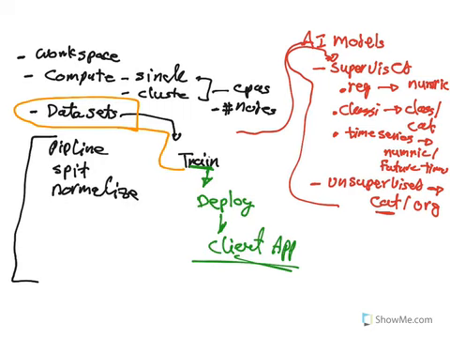We can pick specific columns we want to include in our data. We can choose our inference columns. We can visualize our data. There are lots of other things that you can do in the workspace in Azure.